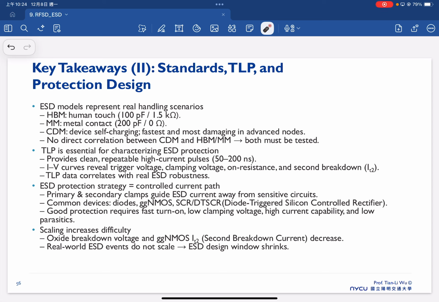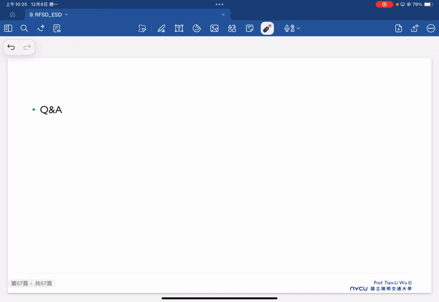The main issue is that real-world ESD events do not scale. We don't see any reason why the ESD voltage from the real world would decrease. It will still be several thousand volts, sometimes even higher. But our ESD design window shrinks, so that keeps ESD as one of the key research areas in the reliability field. Okay, that's the end of our chapter.